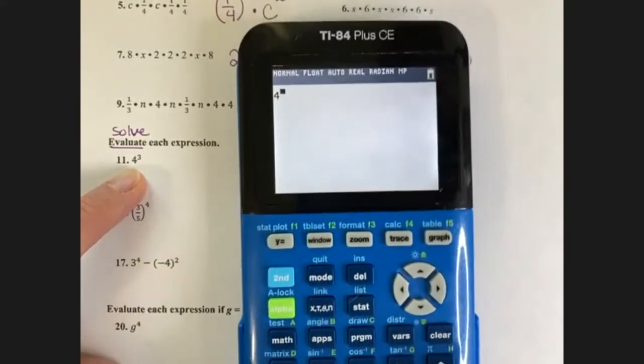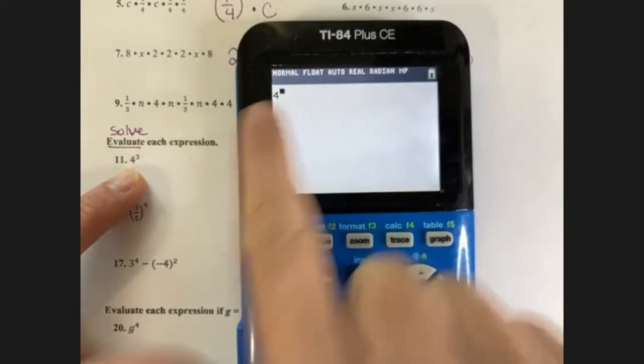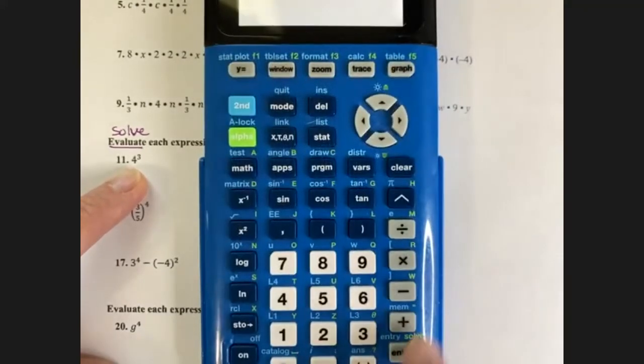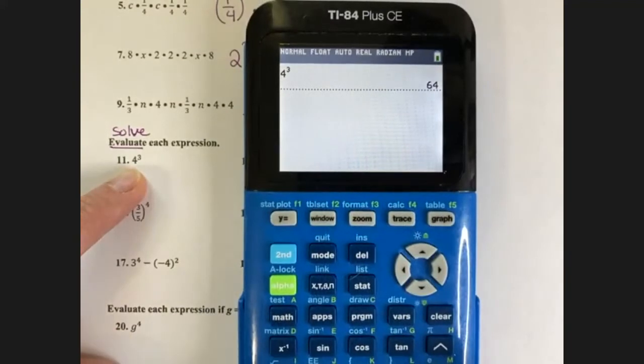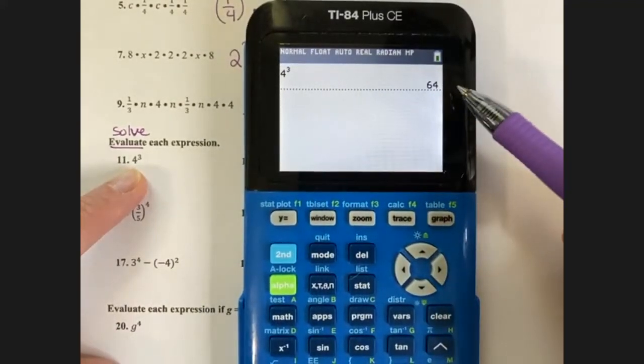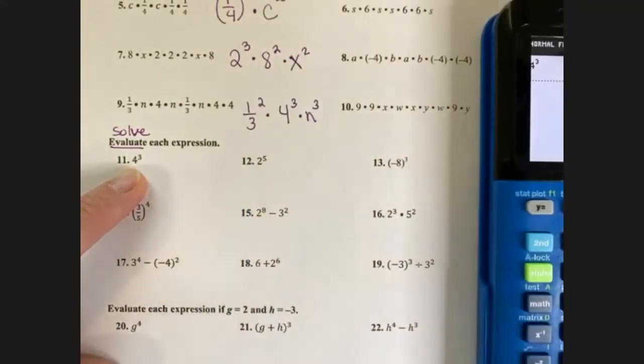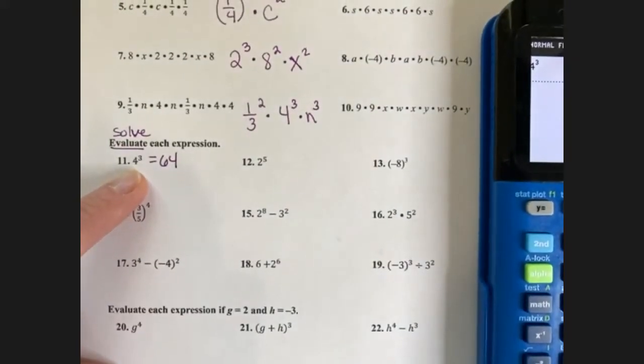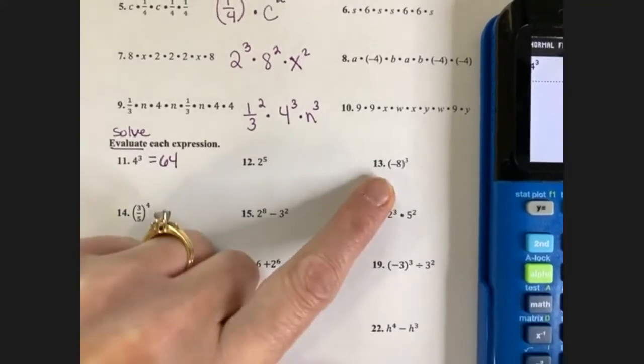When I do that, you look at the screen, you get a flashing little box up at the top. Put your 3 in the box, and you don't have to scroll down or over to the right, just hit enter. So reminder, enter buttons here. You hit enter, and that should give you your solution, 64. So 4 to the third power, my solution is 64. We're just solving.